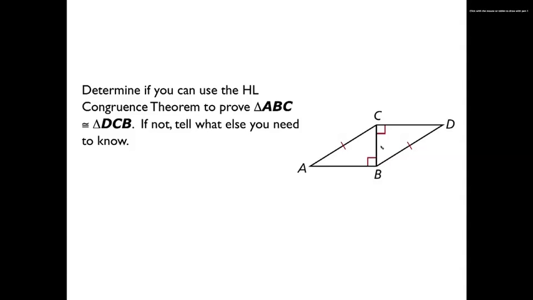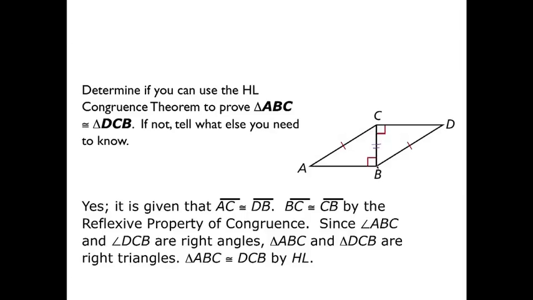Well, I do, because CB is congruent to itself by the reflexive property. Since it's congruent to itself, that's enough to give me the hypotenuse of a right triangle and a leg for each right triangle. And that's enough to tell me the two triangles are congruent by the hypotenuse leg theorem. So I would actually be able to say triangle ABC is congruent to triangle DCB by the hypotenuse leg theorem.